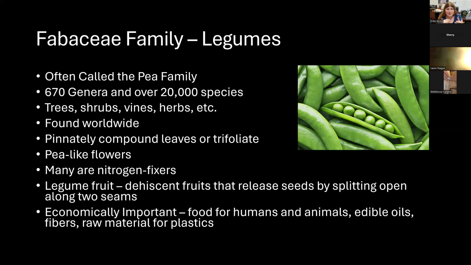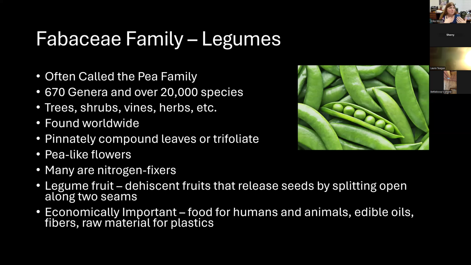So the flowers themselves are a very irregular shape. Typically, they're five petaled. This whole family is very diverse, and so some of the different plants we're going to talk about today, it's quite a range from vines to herbaceous plants to even trees.